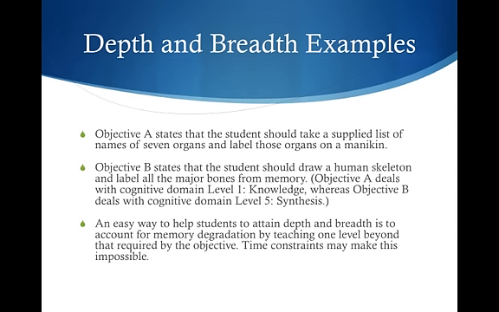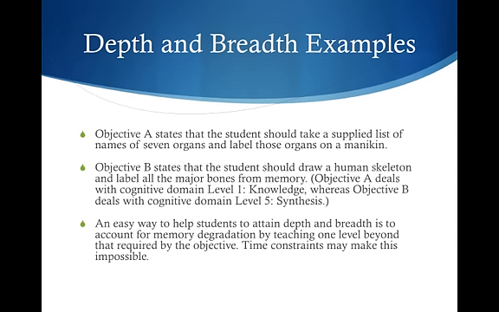Objective A states that the student should take a supplied list of names of 7 organs and label those organs on a mannequin. Objective B states that the student should draw a human skeleton and label all the major bones from memory. Objective A deals with the cognitive domain level 1 knowledge, whereas Objective B deals with the cognitive domain level 5 synthesis.